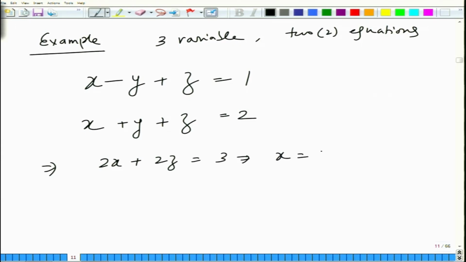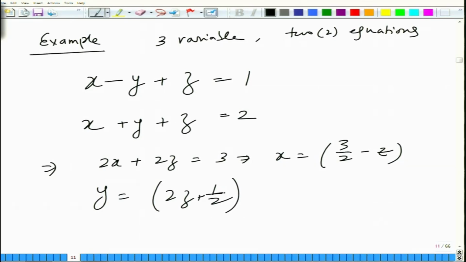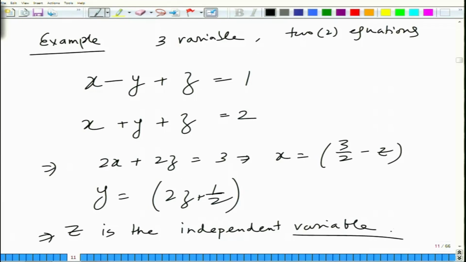So x is equal to 3 by 2 minus z, and then you can substitute in one of these equations to get y, which turns out to be 2z plus 1 by 2. So the only independent variable out of these 3 variables is z. By choosing a value of z, you can define both x and y.